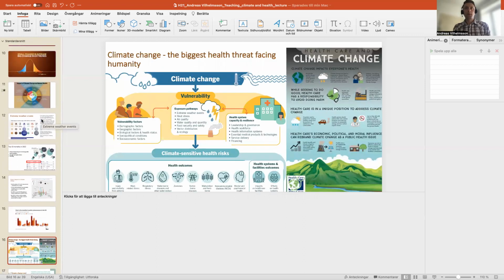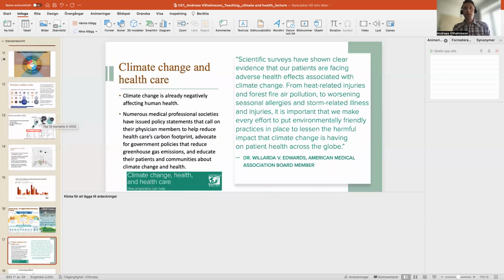So in this WHO graphic, it's very visible also that the health systems and the facilities have a very important part to play. So it's very important to connect healthcare with climate change. As I've shown, climate change is already negatively affecting human health.